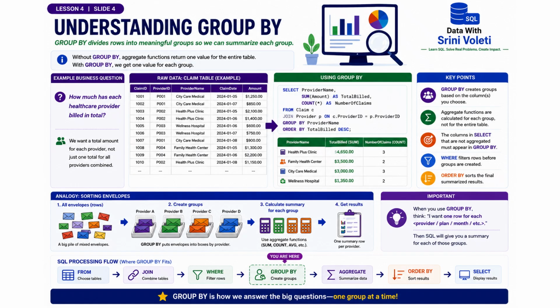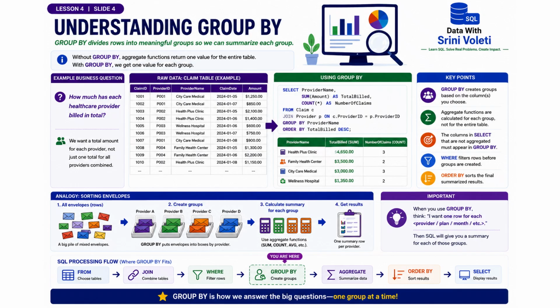Now SQL performs something very powerful. When we write group by provider name, SQL gathers all rows with the same provider name and places them into the same group. Think of it like organizing paper into folders. All claims for City Care Medical go into one folder. All claims for Health Plus Clinic go into another folder. And all claims for Wellness Hospital go into their own folder.